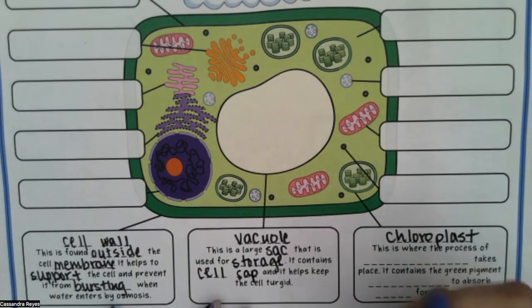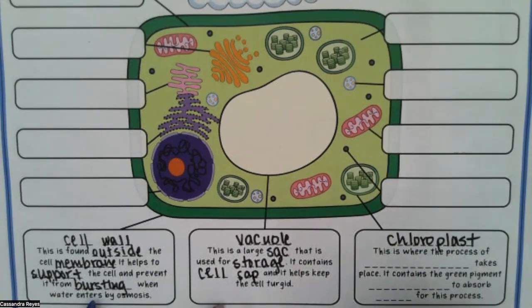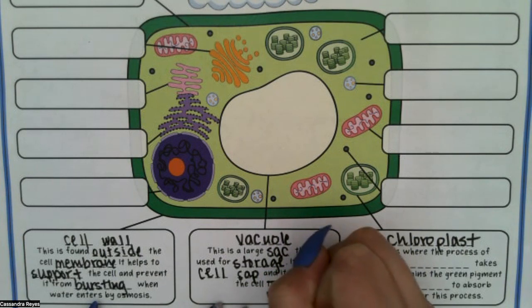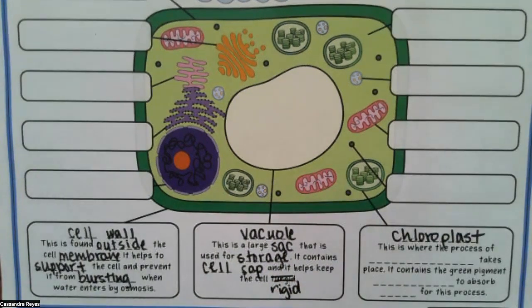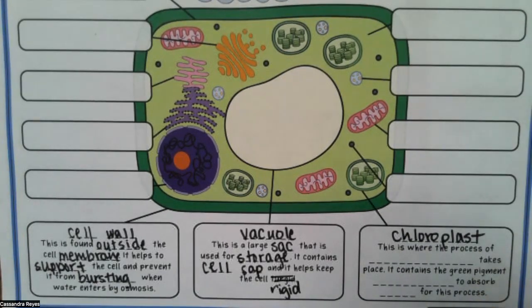I have a feeling that this is probably like a European word, but I think turgid is going to refer to rigid, like a tree, right? A tree is a nice, reliable structure that doesn't really move a whole lot. So I think that's what turgid means. We're going to call that rigid because I don't know what turgid is. If you guys know, please let me know. I'm totally going to look it up in the dictionary right after this.